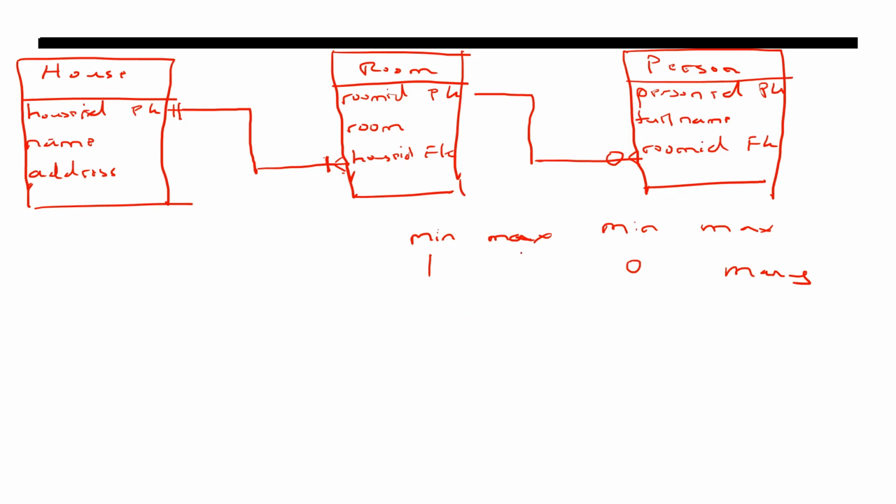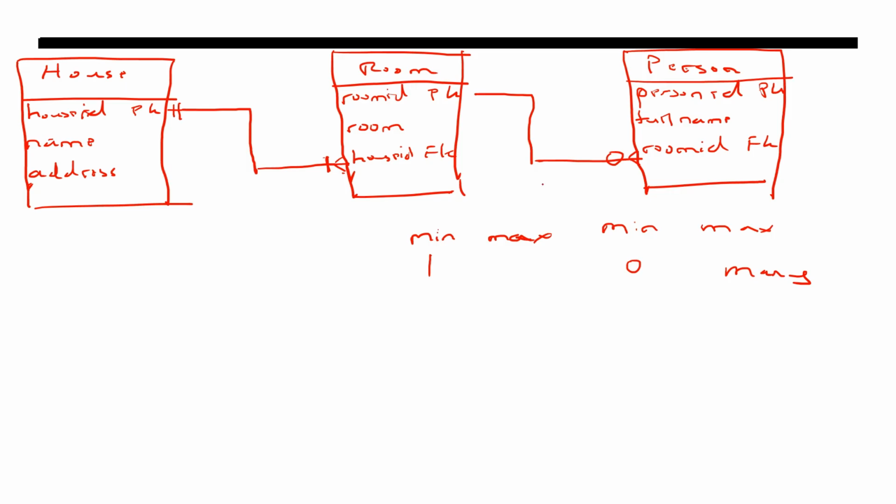If we are going to model such a situation, we will need to use a bridge entity again, but I'm not going to get into that detail. Normally in this particular example, you cannot have more than one room assigned to a person.